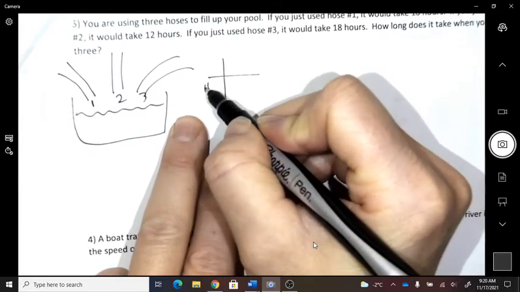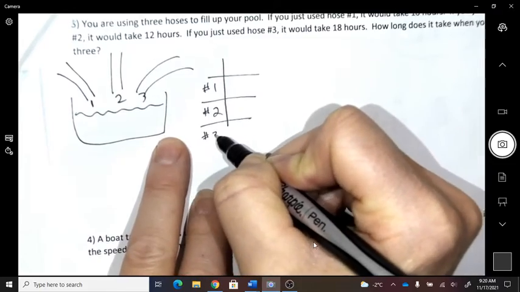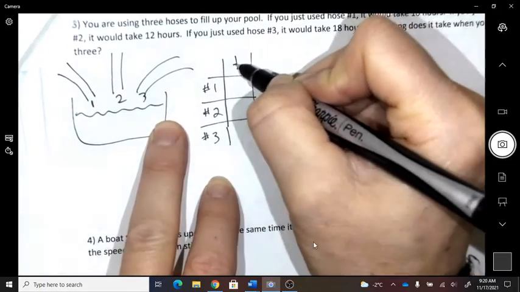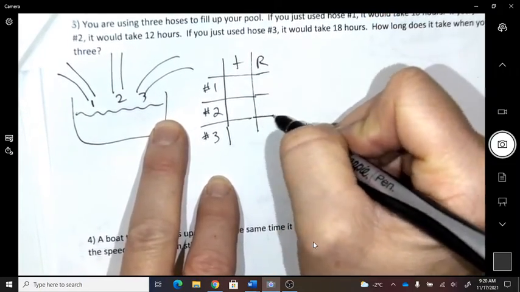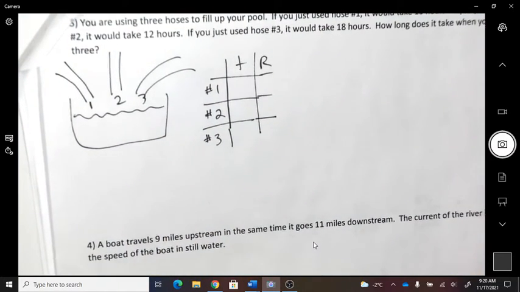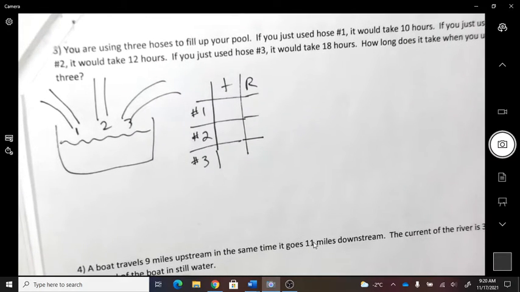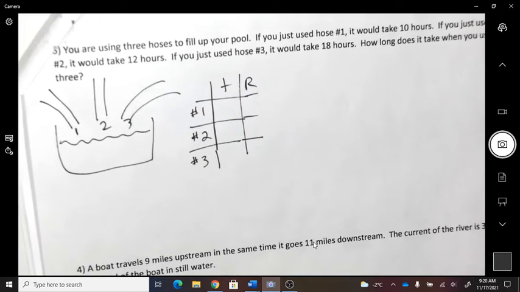So hose number 1, number 2, and hose number 3, the time and the rate. Okay, I'm going to read it and we're going to think about where to put it.